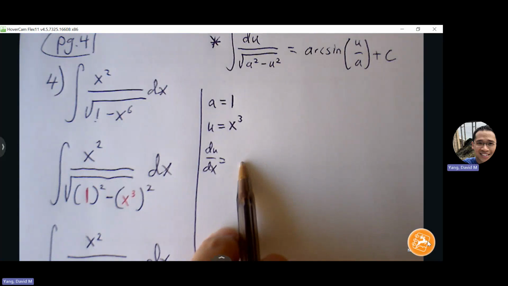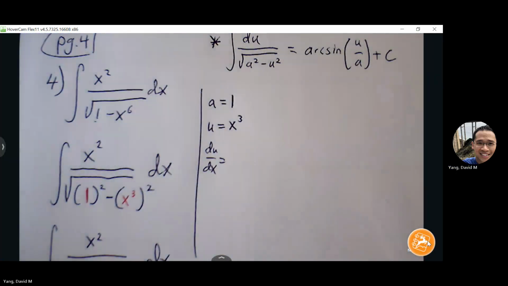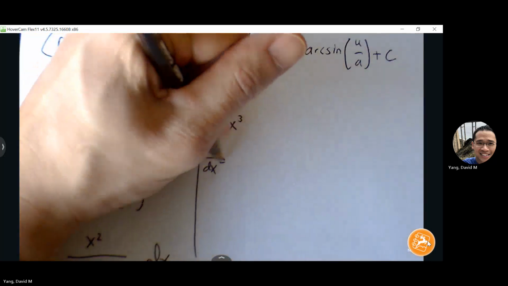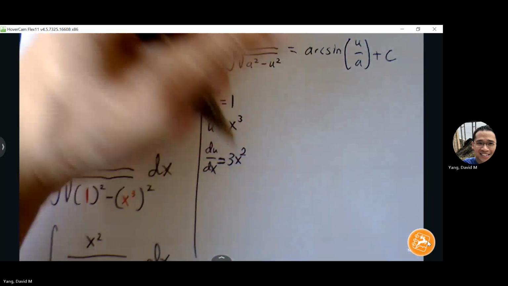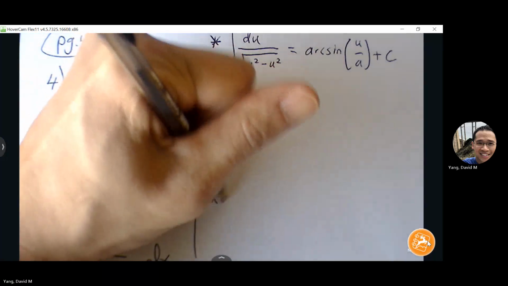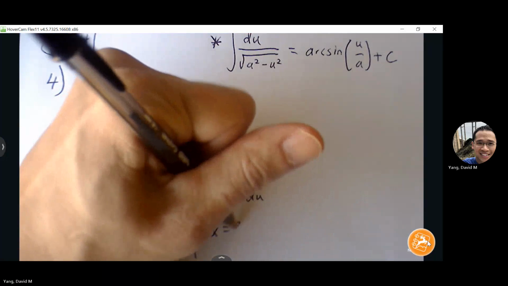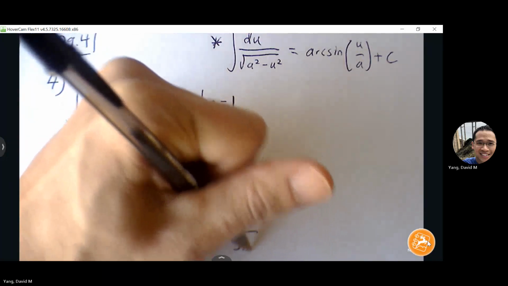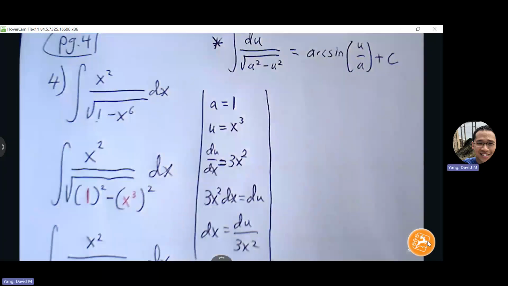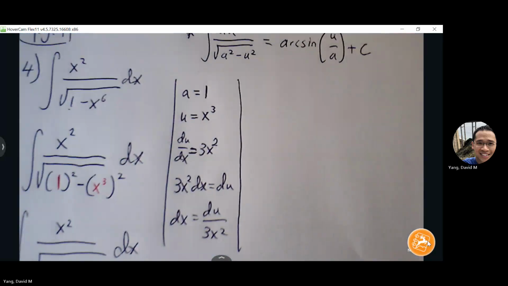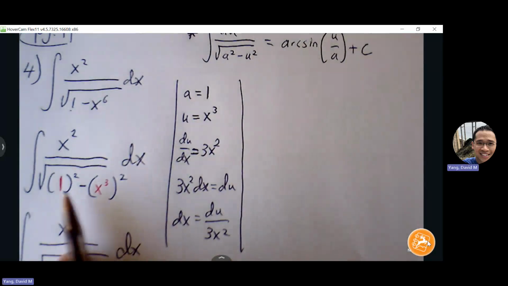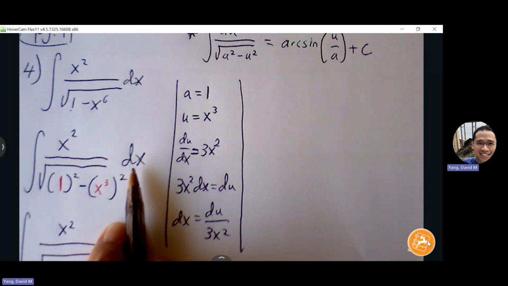X cubed becomes 3x squared. Okay, cross multiply. Okay, make our substitutions. I'll replace these with a and u, replace dx with du over 3x squared.